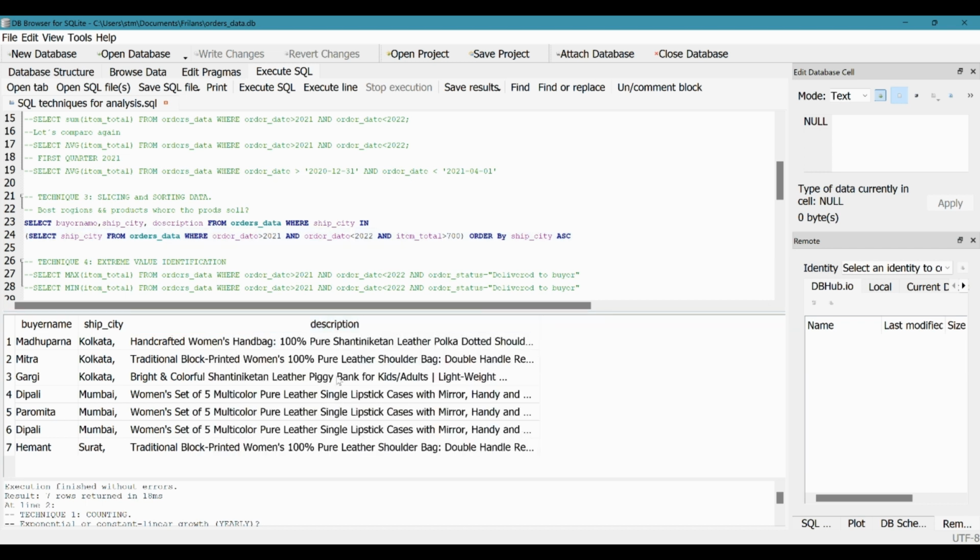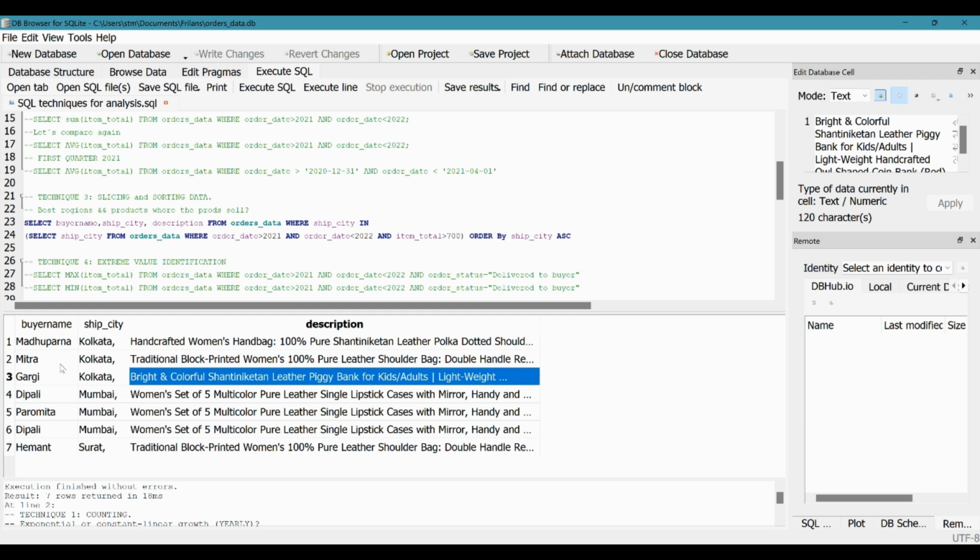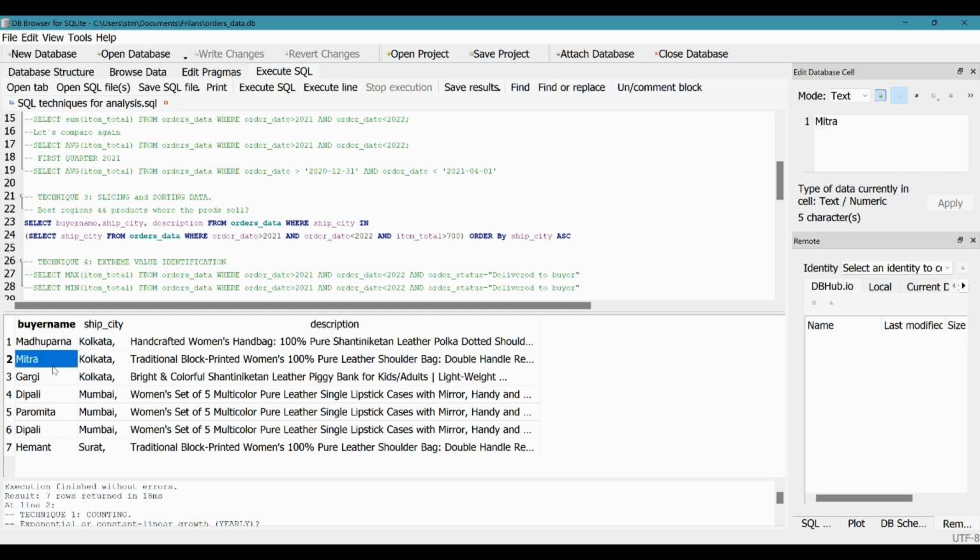So this gives me the insight of, okay, in 2021 I have this Kolkata and Mumbai where I have been selling expensive orders. And not only that, it's also telling me which products I have been selling in these regions and to which customers.